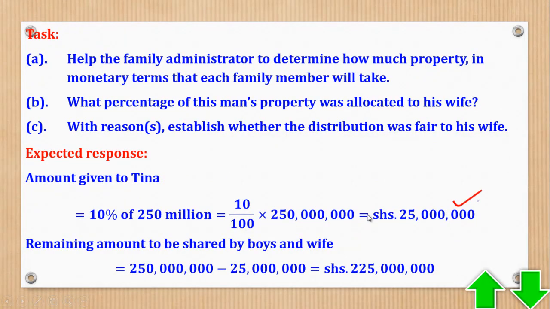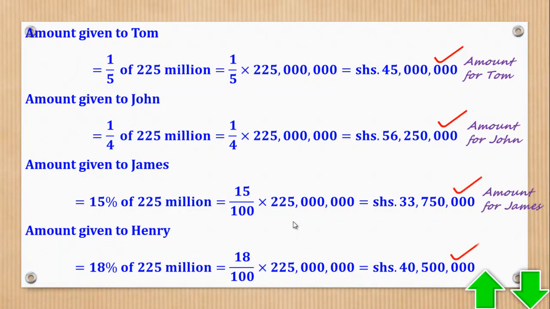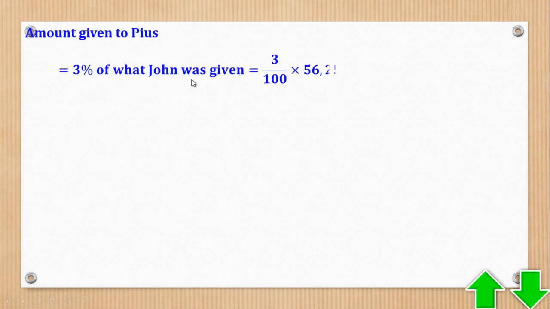So 3% of this is what the last born, Pius, got. So the amount given to Pius would be 3% of what John was given, which is 3 over 100 times 56,250,000 shillings, to give you 1,687,500.